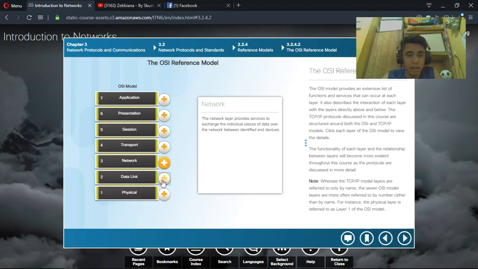Then next, the data link. Data link protocols describe methods for exchanging data frames between devices over common media. And physical protocols describe mechanical, electrical, functional, and procedural means to activate, maintain, and deactivate physical connections.